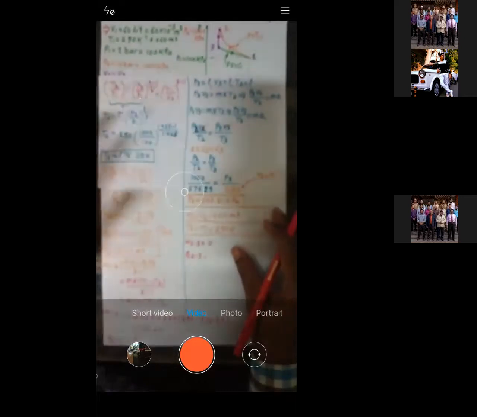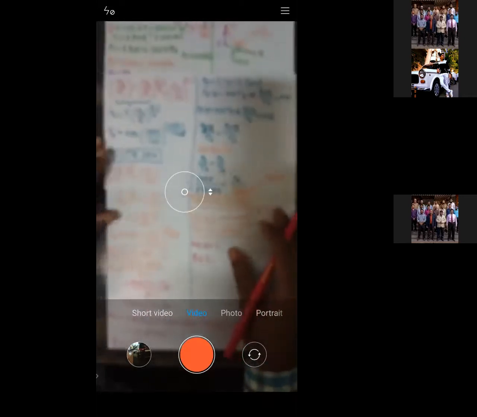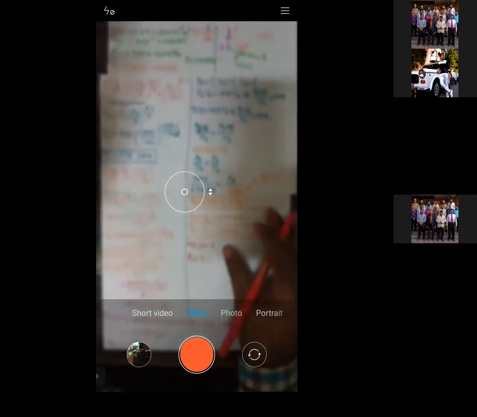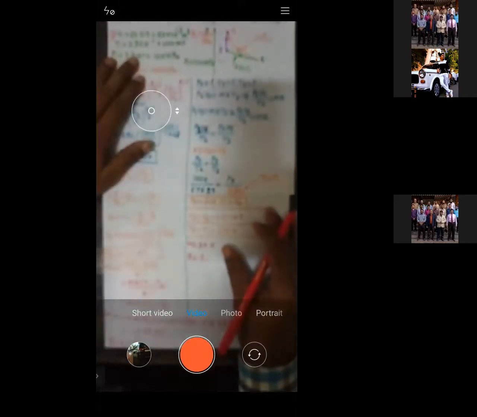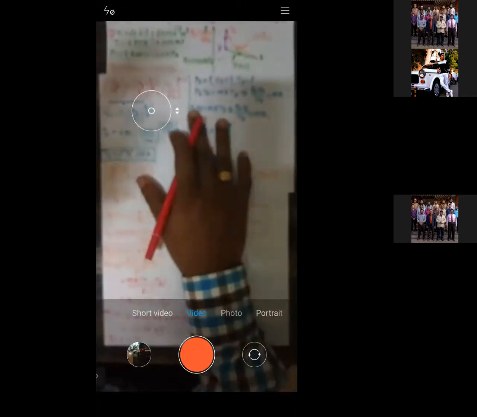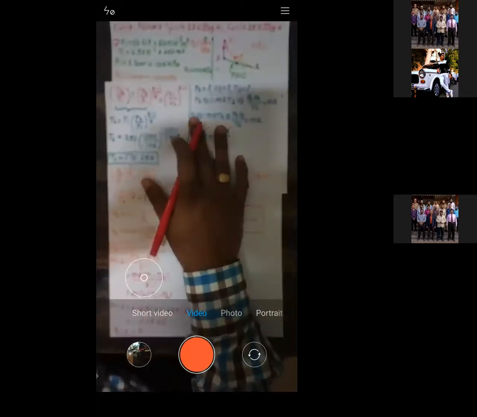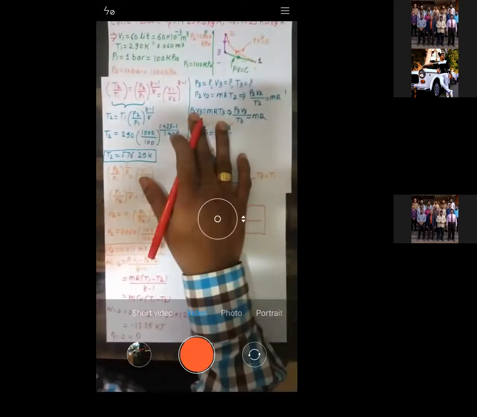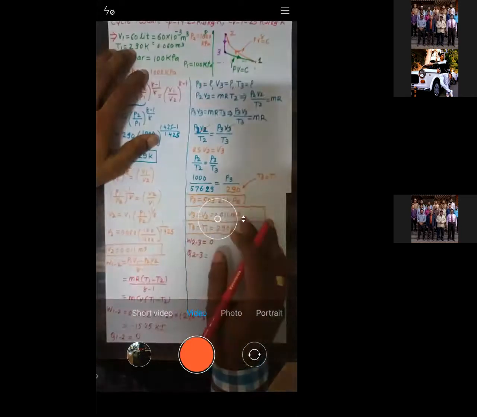Now see the process. You can see 2 to 3 is a constant volume process.